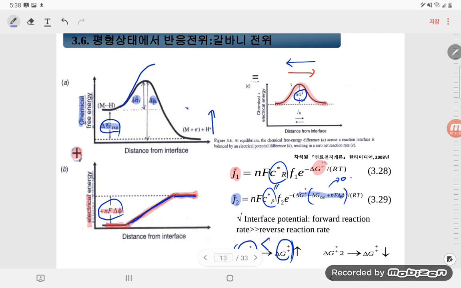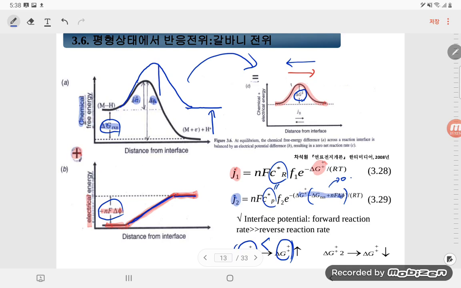To here, and the graph can be drawn like this. This is the result of this one. So that's why this is the delta G.